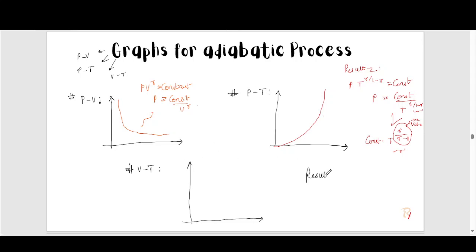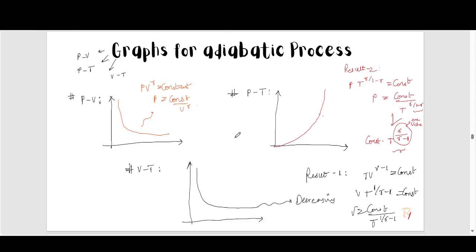From result 1, T V to the power of gamma minus 1 gives me a constant. V into T to the power of 1 by gamma minus 1 gives me a constant, so V is constant by T to the power of 1 by gamma minus 1. This gives an exponentially decreasing function like this. It will gradually decrease like this.